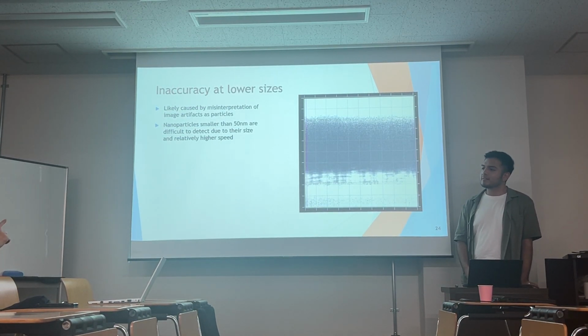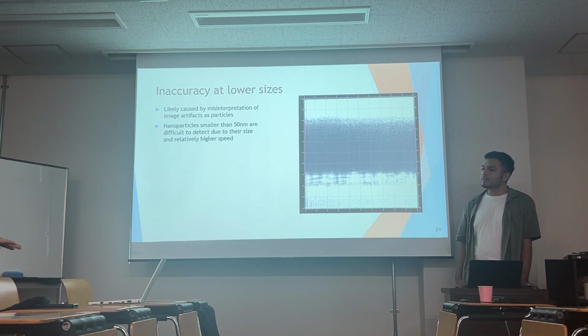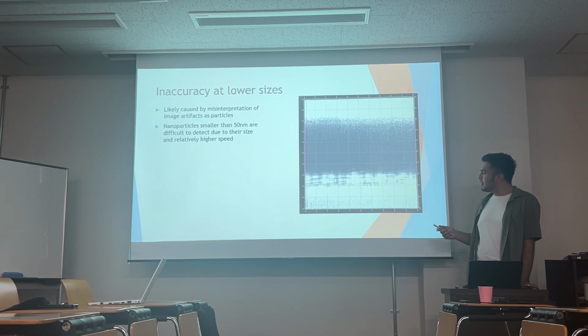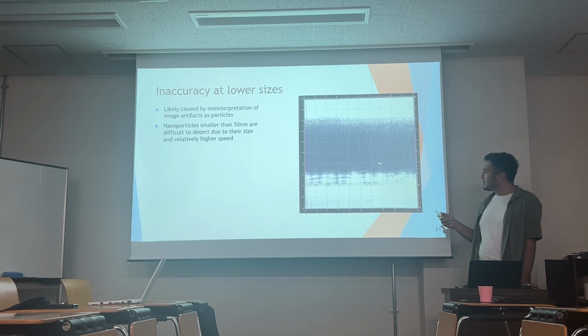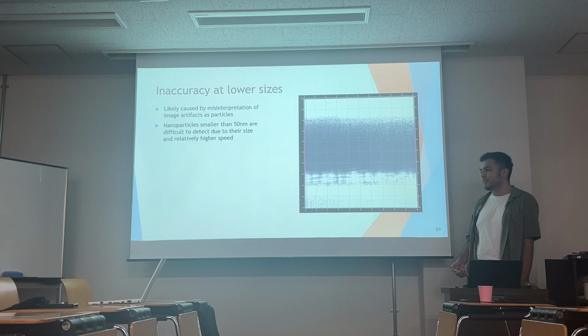So how can we eliminate the unnecessary areas? Yes. Definitely, I would need to go back. If we limited the ROI to maybe around here, it might give us fewer image artifacts. That's a very good point, and I can look into that more.